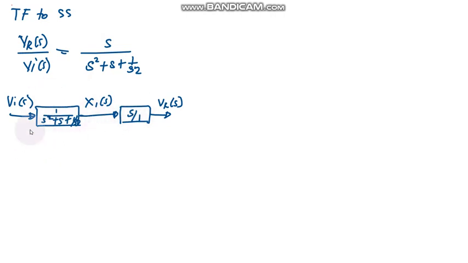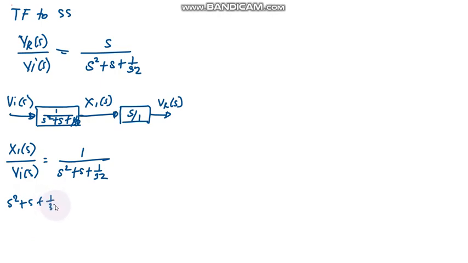So starting with the first subsystem, the transfer function would be x1 of s over vi of s equal to 1 over s squared plus s plus 1 over 32. And then cross multiplying, we're going to have s squared plus s plus 1 over 32 times x1 of s equal to vi of s.